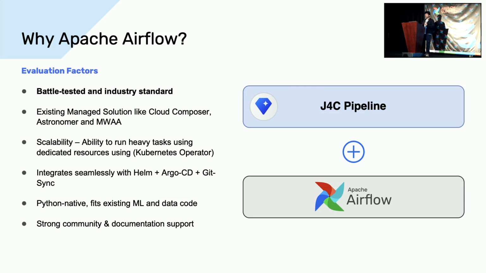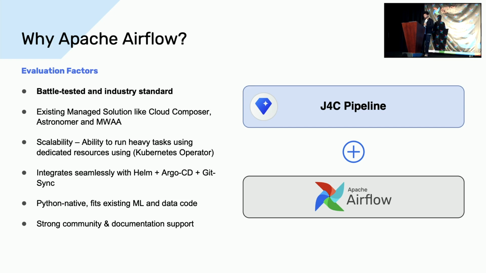So why did we choose Apache Airflow? After the POC phase, we evaluated multiple orchestration solutions like Dagster, Prefect, and I think Flyte as well, and also looked at some of the tools that we were building in-house, trying to build a pipeline through Kube events basically.